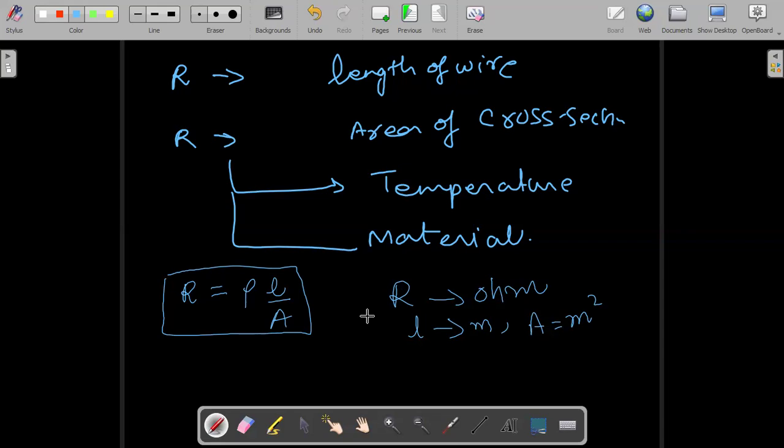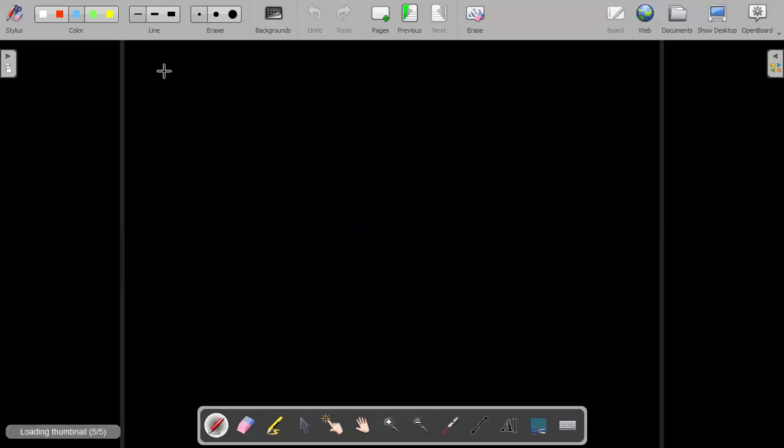Sir, ohm meter. Ohm meter, right? So units of resistivity will be ohm meter. Resistivity will be measured in ohm meter. Got it? So just by rearranging the terms, I can get it.